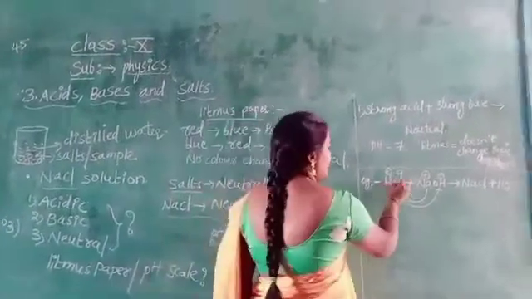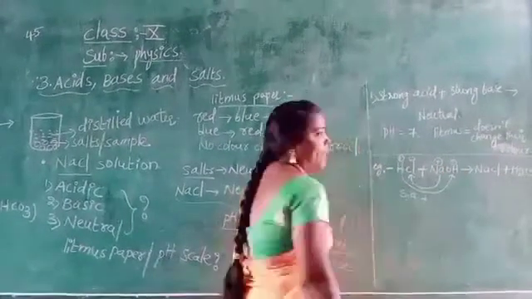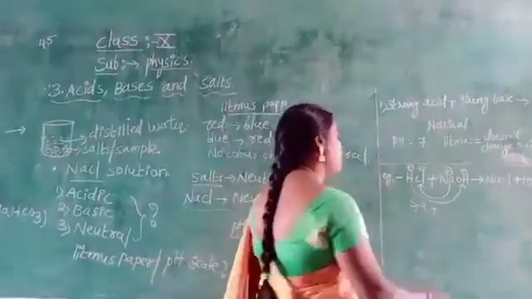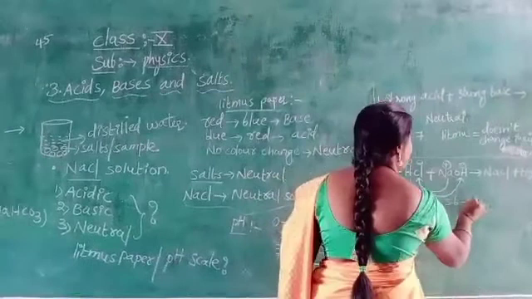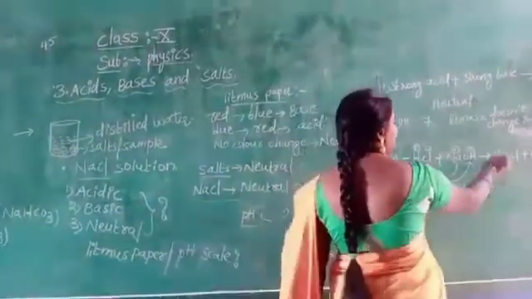So HCl is a strong acid. It reacts with NaOH. NaOH means what, Nana? Strong base.